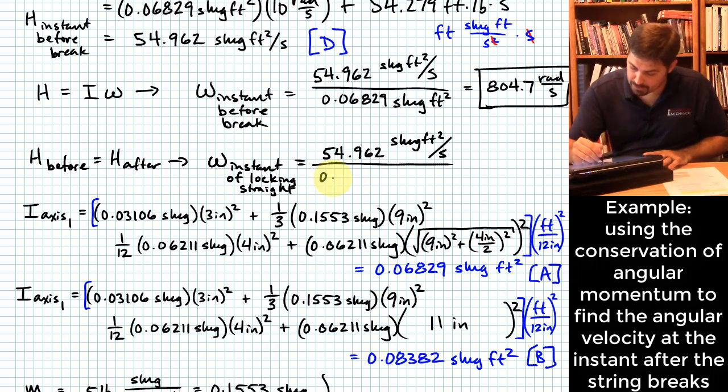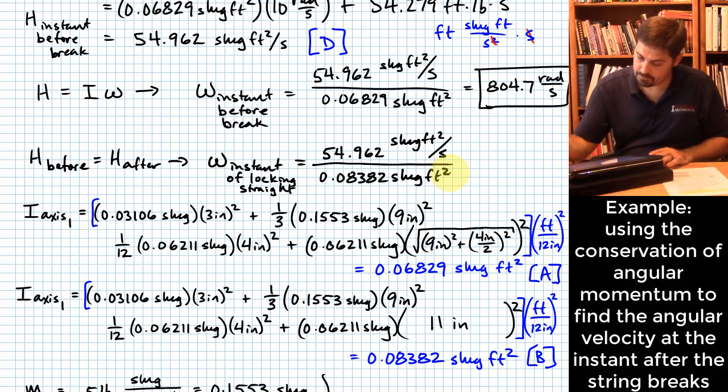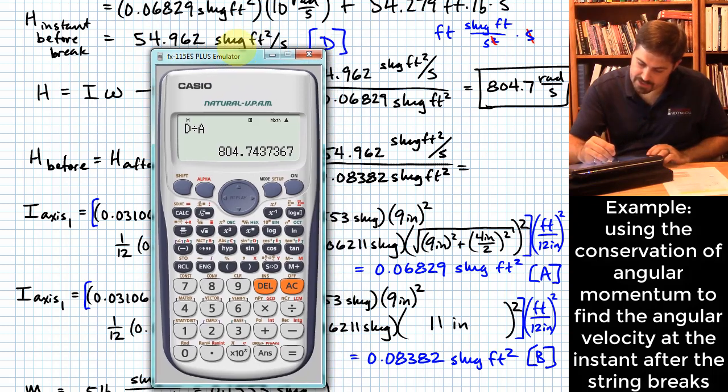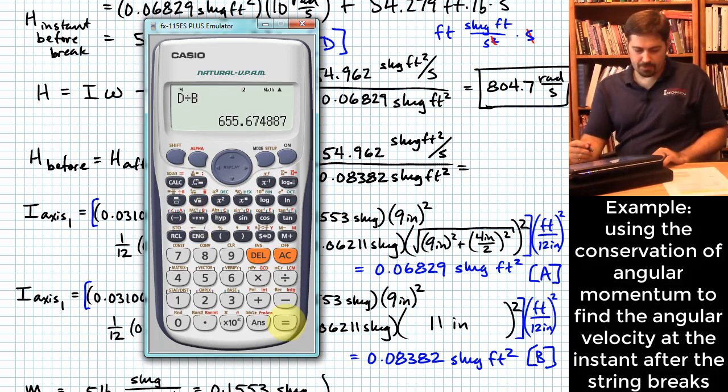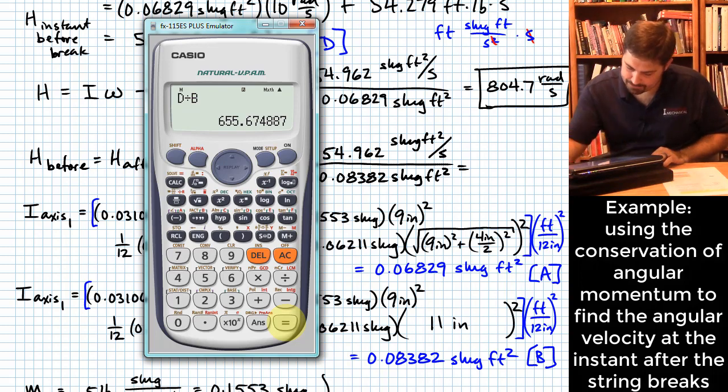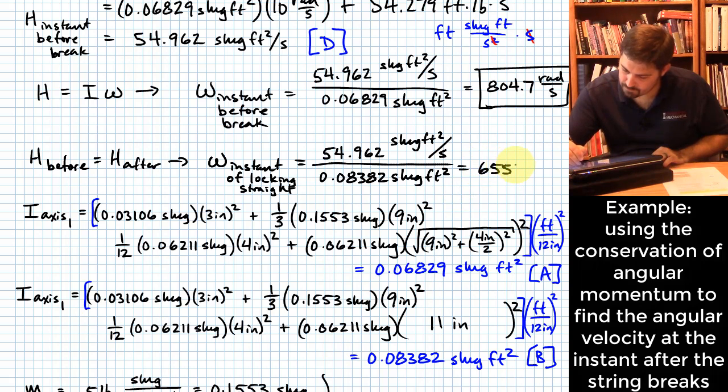And so we'll divide this by 0.08382 slug feet squared. So that gives me D divided by B, which we'll say is 655.7 radians per second.